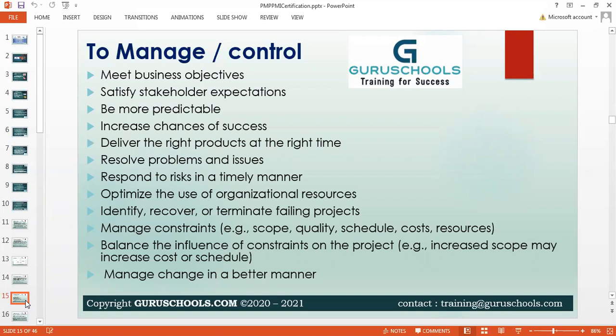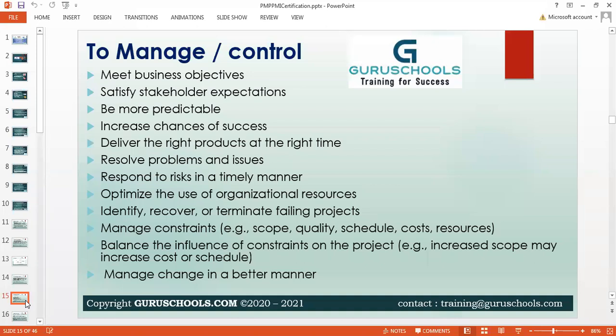And then manage constraints like scope, quality, schedule, cost, resources, and so on. These are the few knowledge areas which we're going to study in depth whenever we work on project monitoring and control, or during the execution of the project, right? And balance the influence of the constraints of a project.